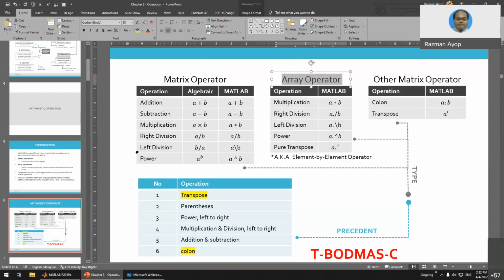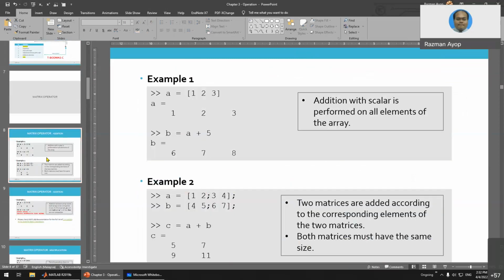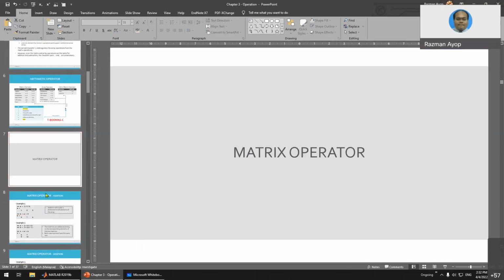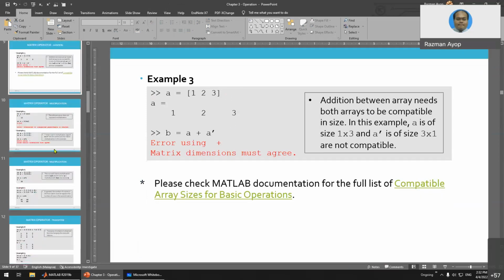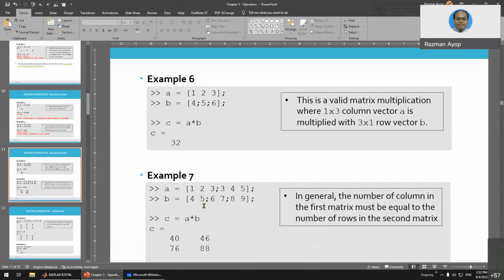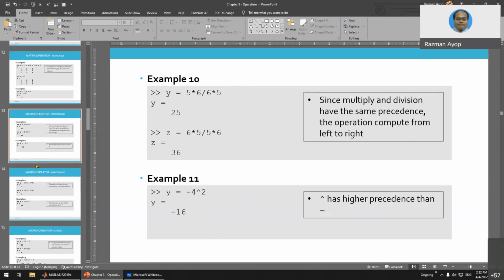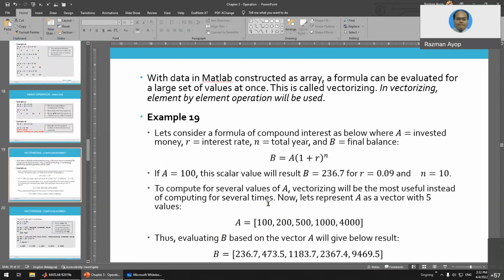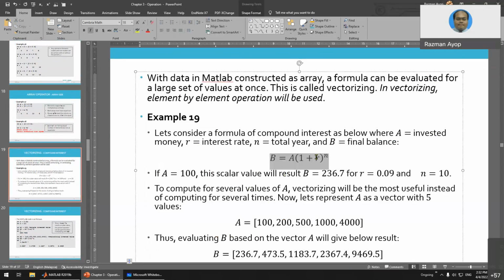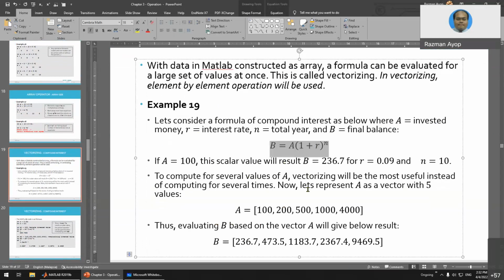If you have multiple variables, in matrix the calculation is direct to the point, but in array operation you can solve the problem element by element. So if you have any calculation problem with multiple values, usually we will use array operation.